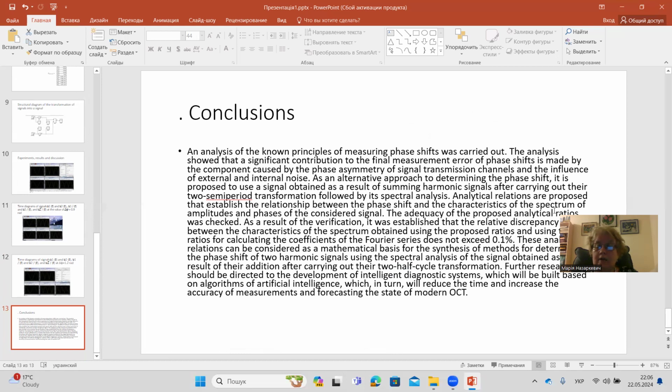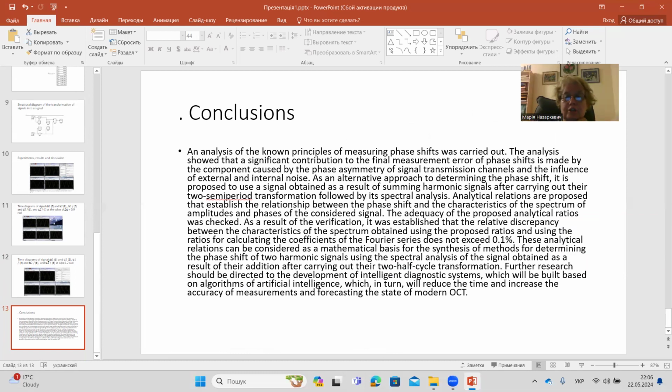Analysis of the known principles of measuring phase shifts was carried out. The analysis showed that a significant contribution to the final measurement error of phase shifts is made by the component caused by phase asymmetry of signal transmission channels and the influence of external and internal noise.